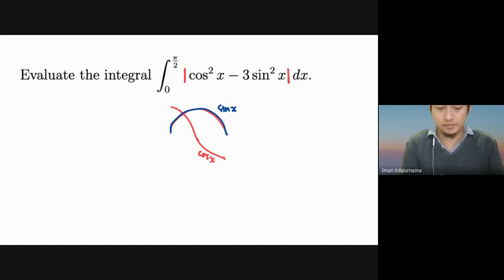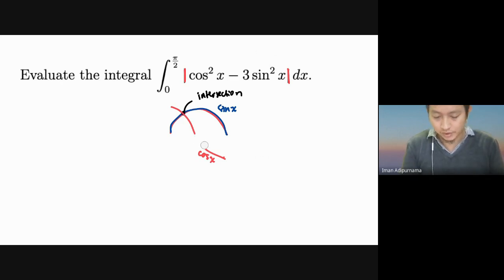So we need to make sure which function is above the other function. In order to do so, we are going to first identify the intersection. No matter how the picture is, since you know how the cosine and sine interact, and they already give the square, I believe it will make the graph easier because they will not have any negative value, right?